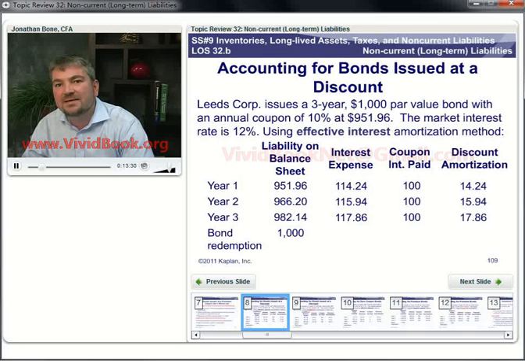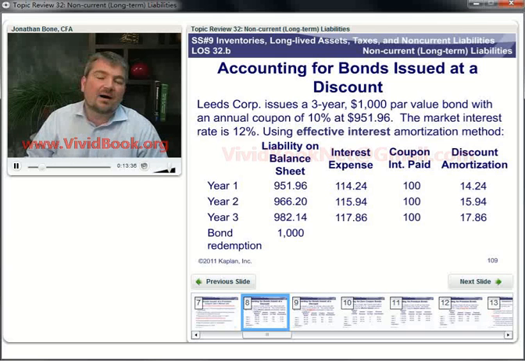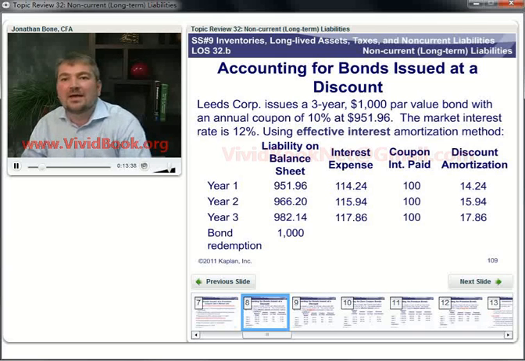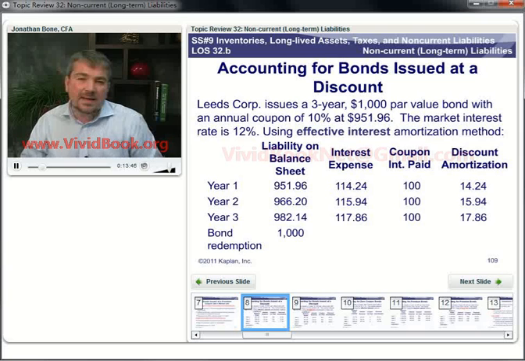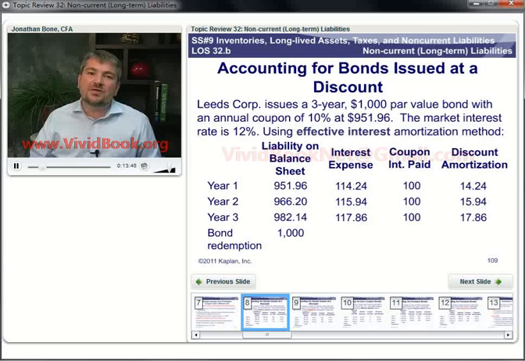The difference is 48.04, which of course is the discount to par that the bond was issued at. In other words, if you add up your total amortization of your discount, you get 48.04. So all we're doing is we're taking that discount that we issued the bond at and spreading it over the life of the bond through the income statement as if it was interest.